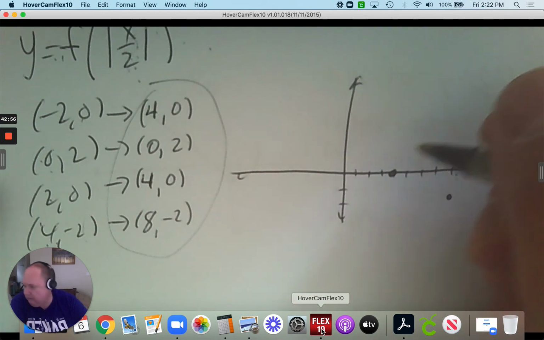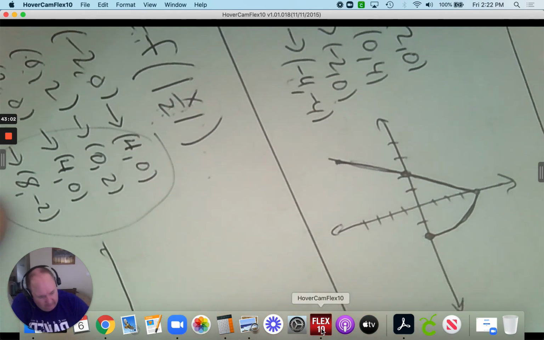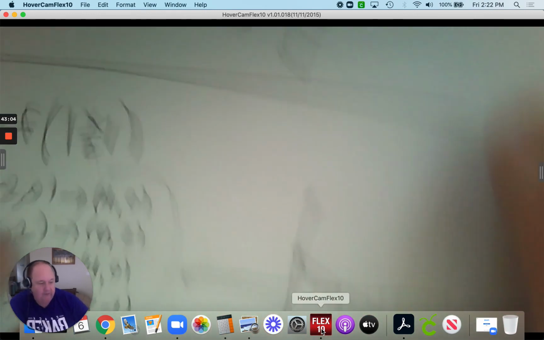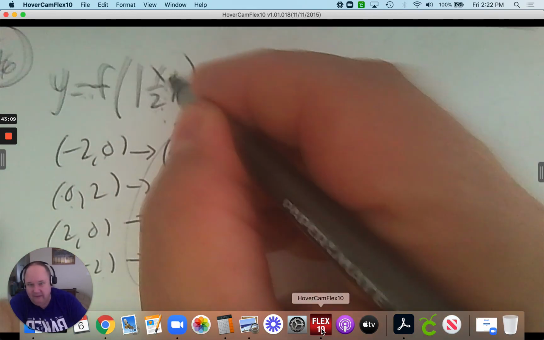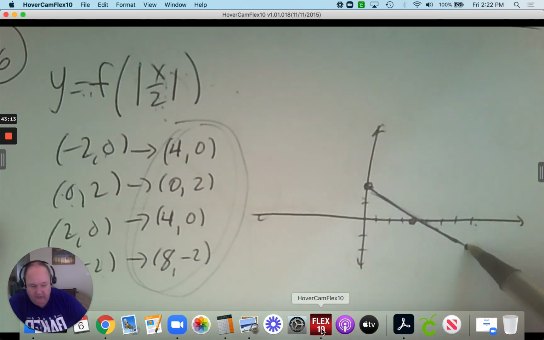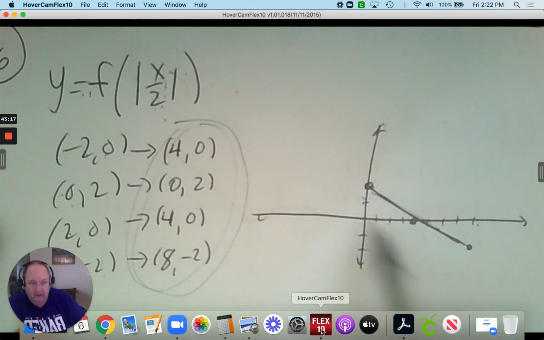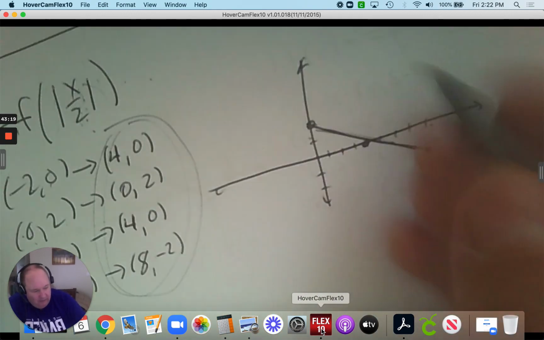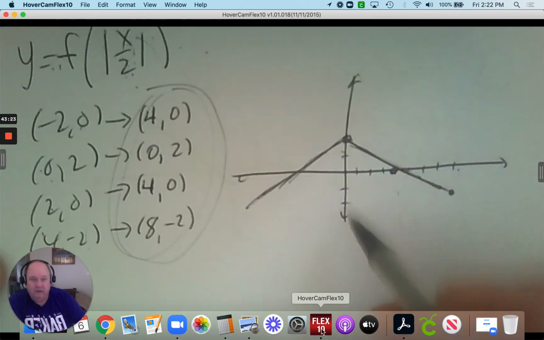We have 0 and 2. Now, the thing with absolute value, it's a little tricky. For the x value, when the bars are on the inside, notice this is all on the right side. If I plugged in negative or positive numbers, it would end up being the same picture, but on the left. So it's a reflection.